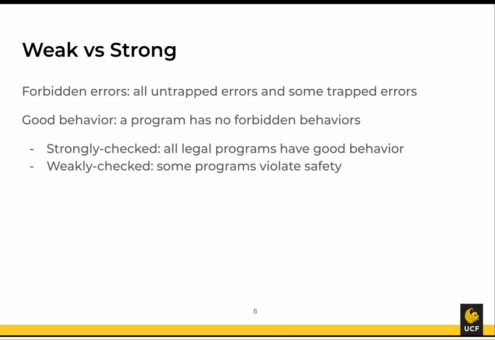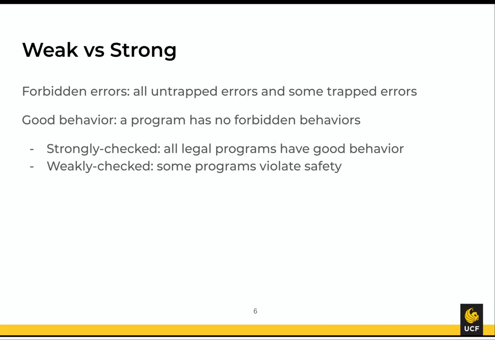And so people in programming languages like to characterize type systems into weak versus strong. If we take the set of all errors that we don't want to allow in our running program, say the forbidden errors are all the untrapped ones, all the devious errors that you can have in your program, but the program won't immediately stop because the processor won't catch them.